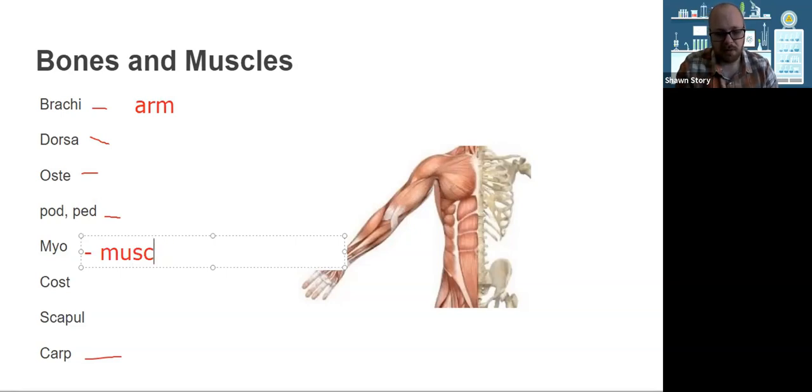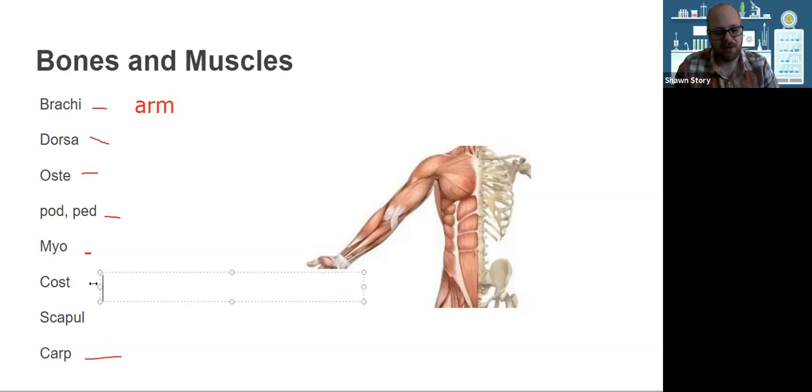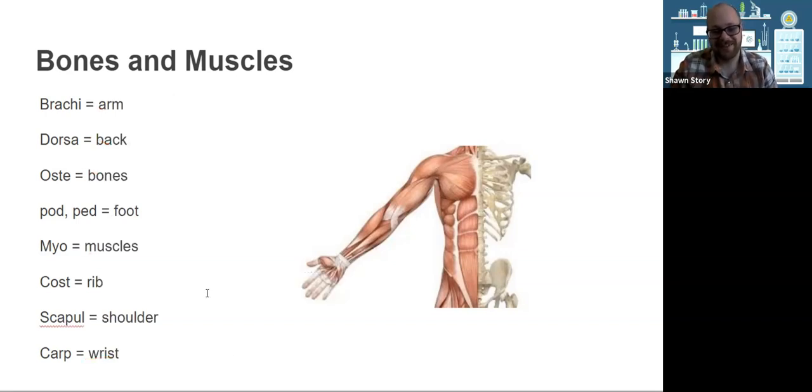All of our muscles will be myo. Scapule is our shoulder. Cost, I don't know what that one means, to be honest. Let's take a look. Oh, ribs, of course. So there's all of our parts. If we see that in a root word, in a scientific word, we know it's having to do with that part of the body.